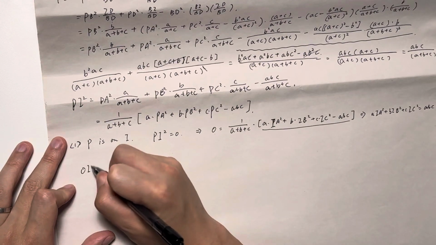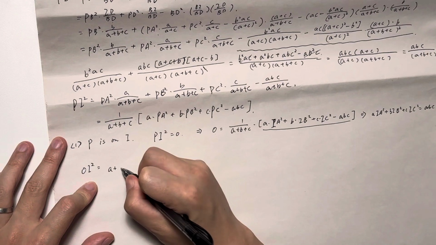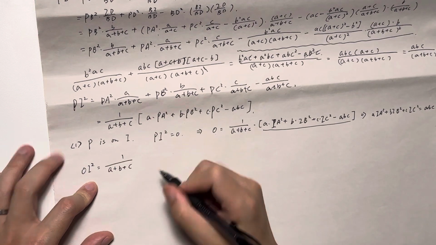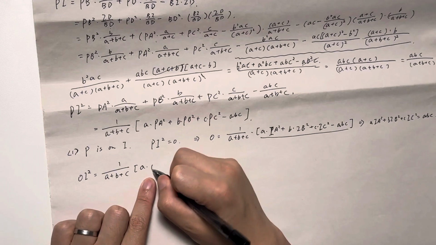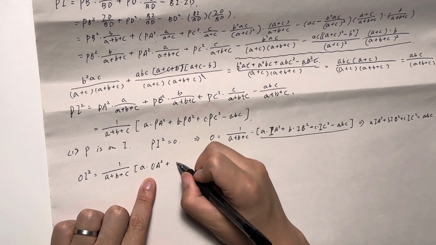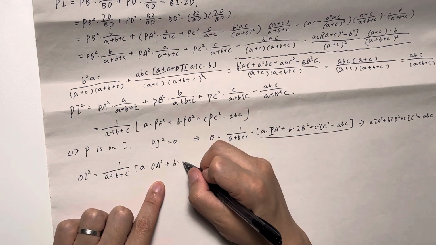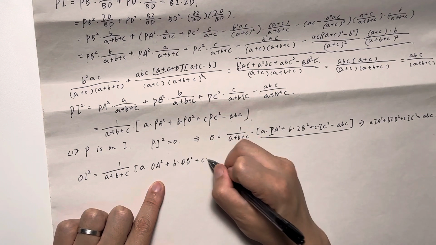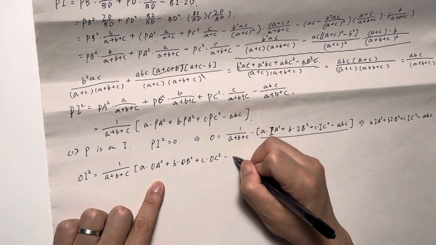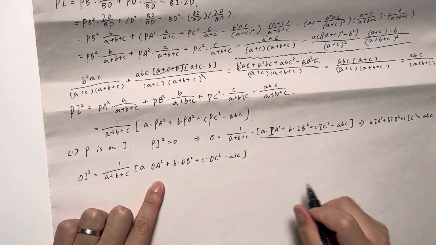The OI squared can be written as 1 divided by A plus B plus C times A times OA squared plus B times OB squared plus C times OC squared minus ABC, right?